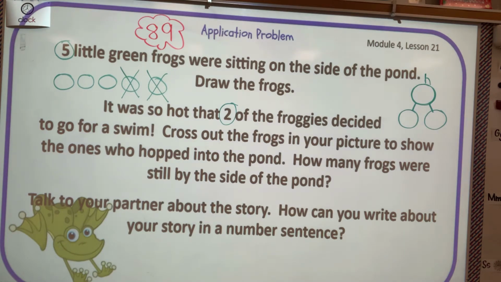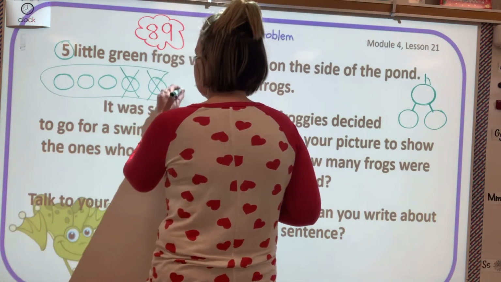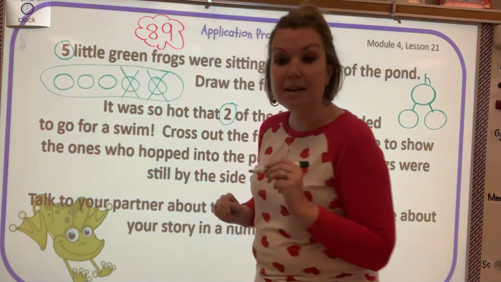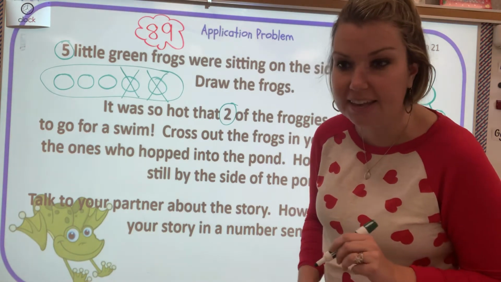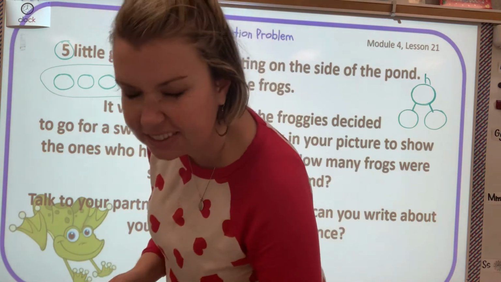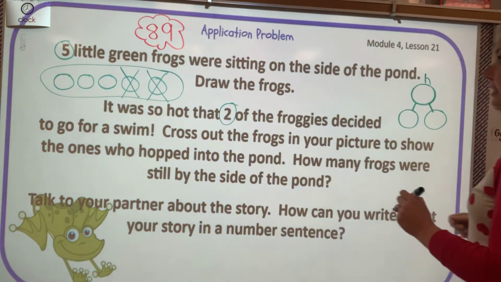Russell? Five. And there is also a name for take away, minus. Minus is another name for subtraction and take away. Excellent. So our whole is 5.